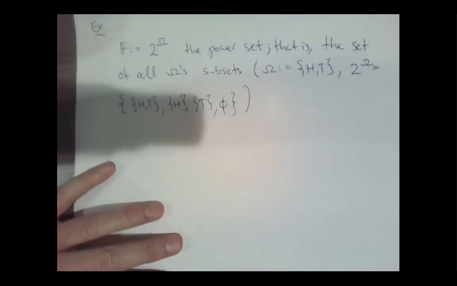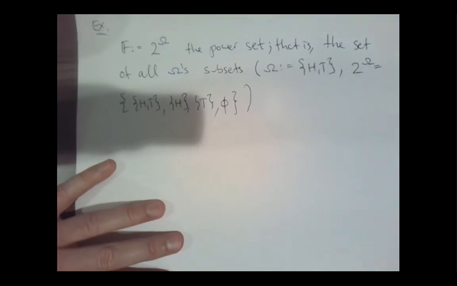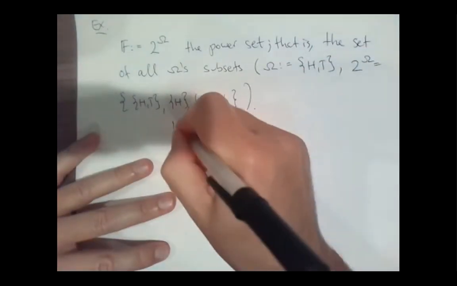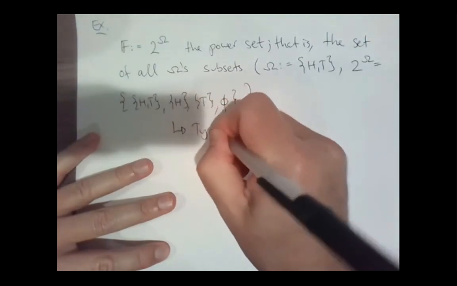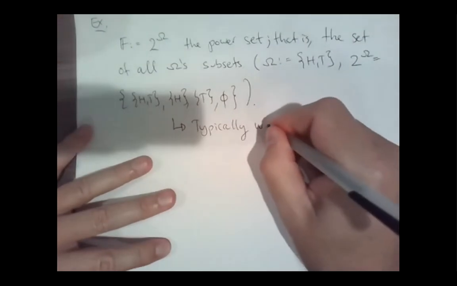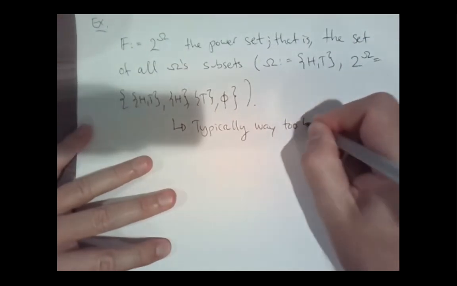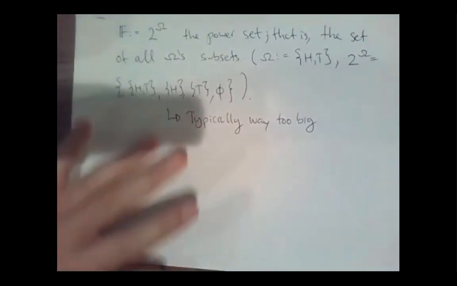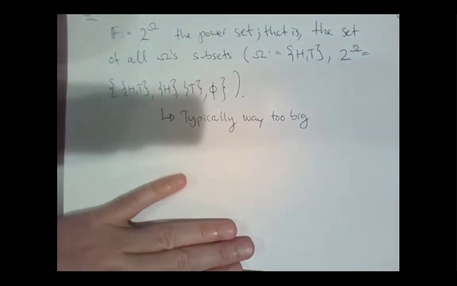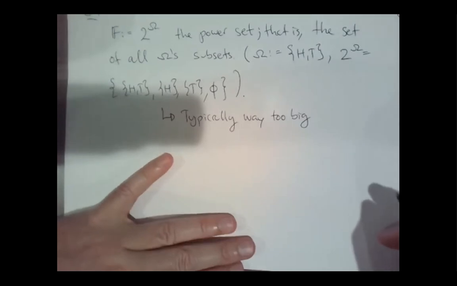So you take all possible subsets, and this is typically way too big. I'm hoping we have time for it, but I'm just going to put in a name here, so when we get to it, you can go back and see.